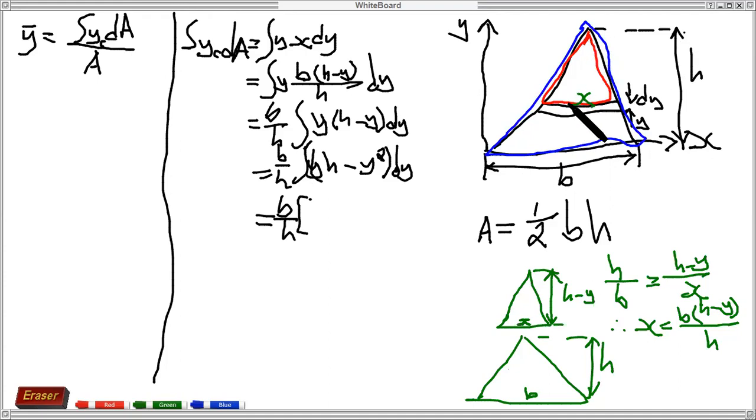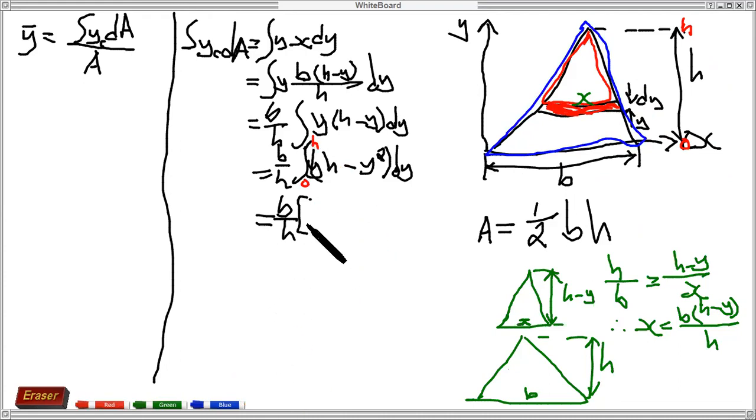The part that we are integrating is this horizontal element, and we're going to have to move it from the top of the triangle to the bottom. So it's moving along the height from 0 to h, so you're going to have to integrate from 0 to h.